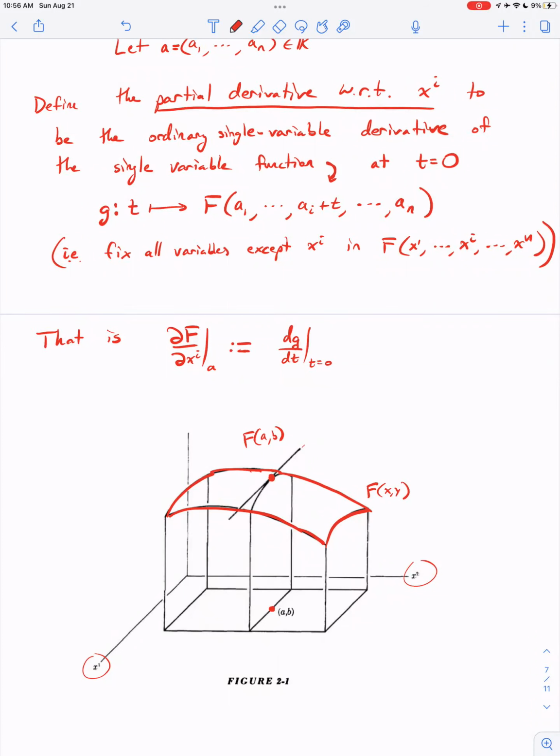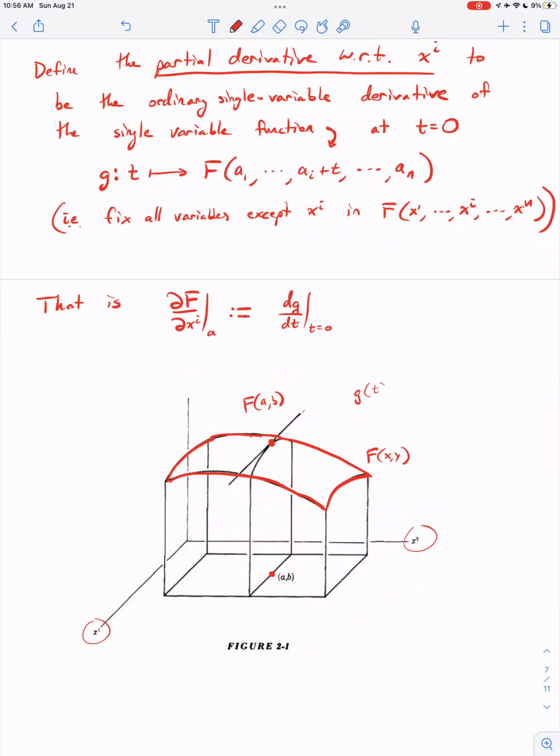So what I did was I considered this new function g of t to be f of a plus t comma b. What this does is restrict to just this slice along the y equals b slice of the domain. So this line is the y equals b line, and I'm moving along this line and looking at just this function.